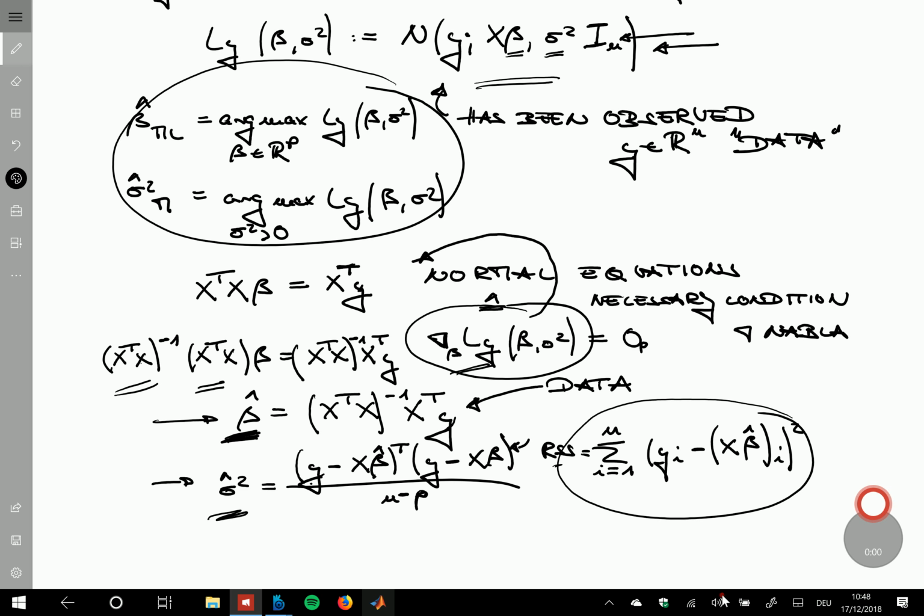And here, I didn't do the derivative. What you need to compute is the derivative of the likelihood function with respect to sigma square at the location beta. Once you have the derivative, set it to 0 and solve, and then you get sigma hat square divided by n, and find that it's not good, and then you have to do the minus p.